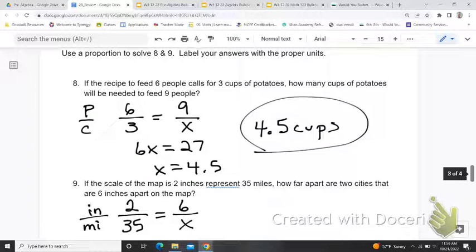My x would be on the bottom, and then I can cross multiply. You might also think about 6 being 3 times 2. Either way, we should come up with 105 miles. That's how far apart they are, 105 miles.